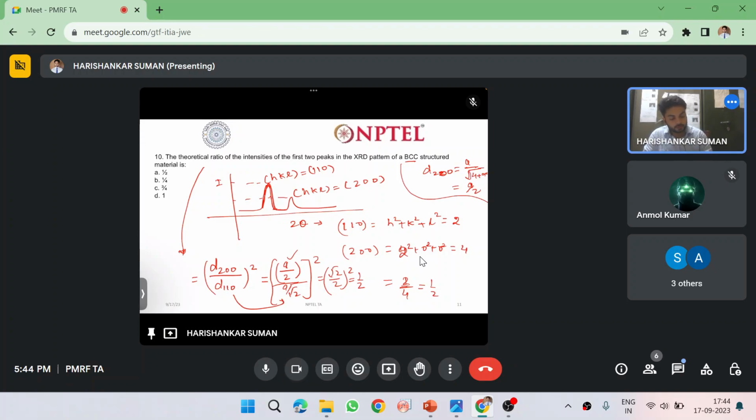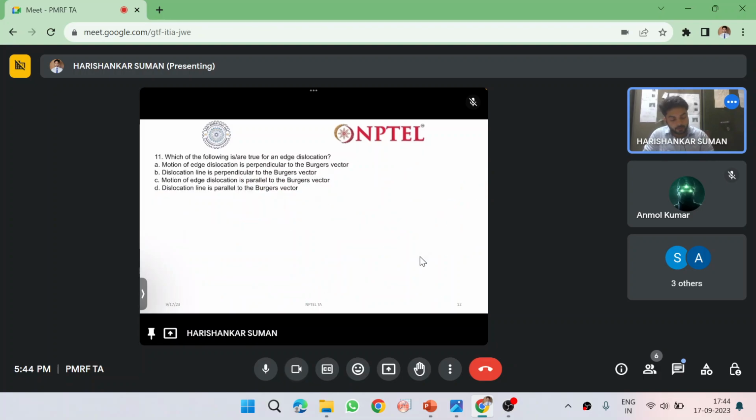Let's move further. Which of the following is true for the edge dislocation? Motion of the edge dislocation is perpendicular to the Burgers vector. Dislocation line is perpendicular to the Burgers vector. Motion of the edge dislocation is parallel to the Burgers vector.